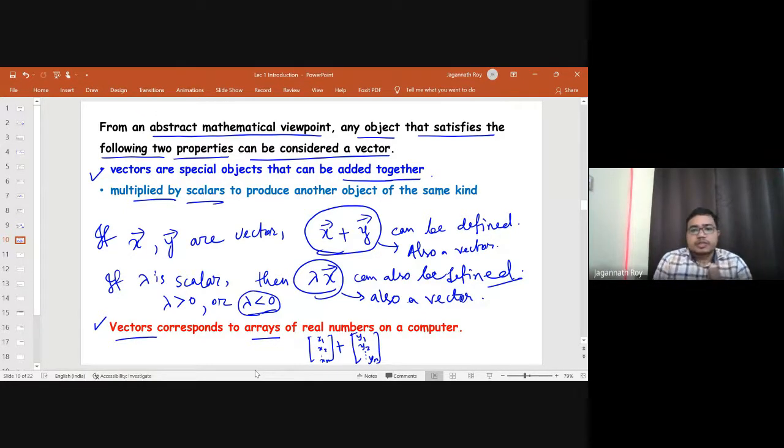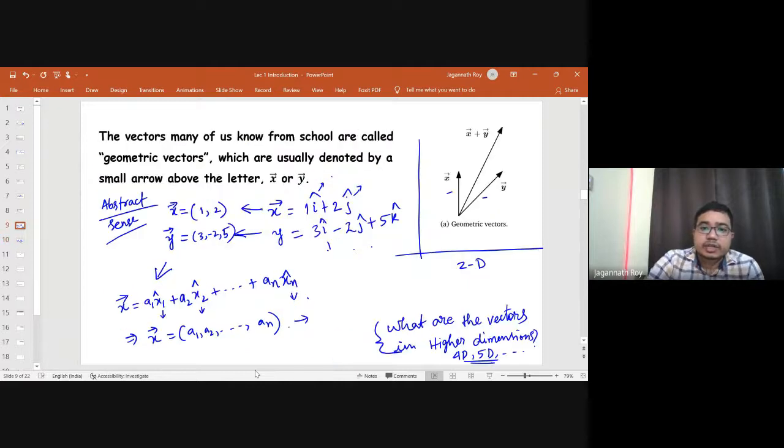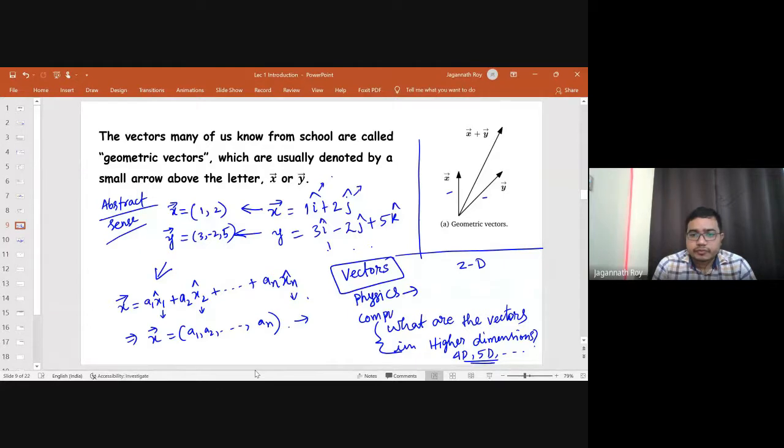So the same concept: in physics, a vector has magnitude and direction; for computer scientists, it is an array; and there are geometric vectors.